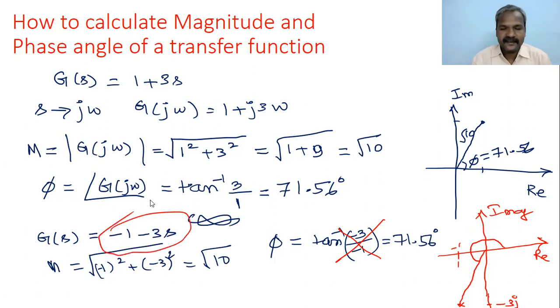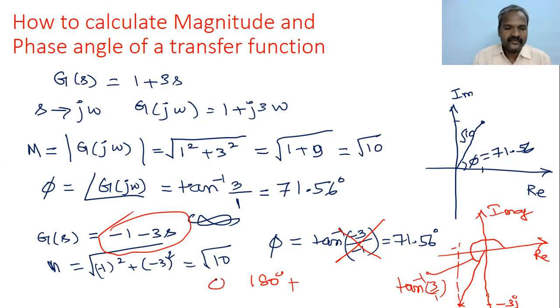That is, we have to add 180 degree plus this value. What is this value? Tan inverse of this angle alone, tan inverse of 3 by 1, which is equal to 71.6.